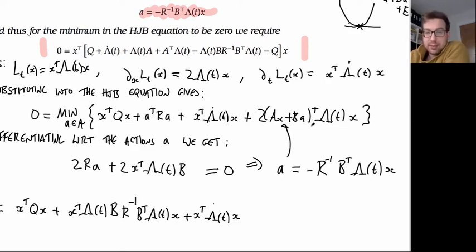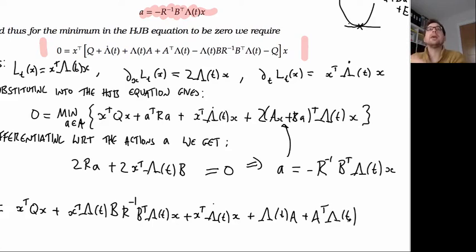I'm going to leave you to check it when you get home. But what you should get out of this is lambda t of A plus A transpose of lambda t.